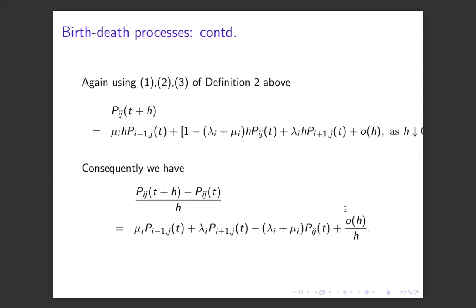So you have this, and then you have O small order h divided by h. So now let h go to 0. So here you will have the derivative of Pij at t. And these things are now not depending on h, and this goes to 0. Please note down. So we'll go to the next slide.